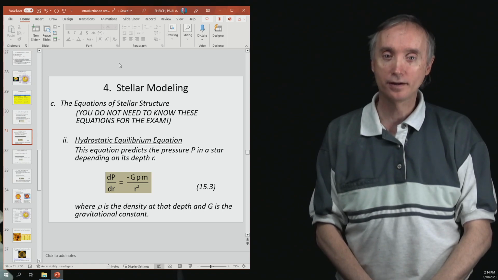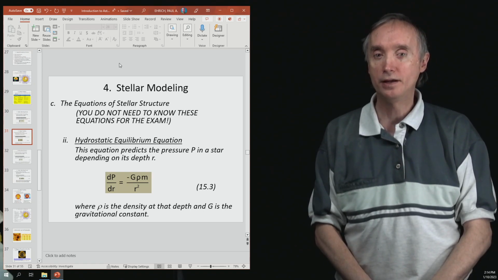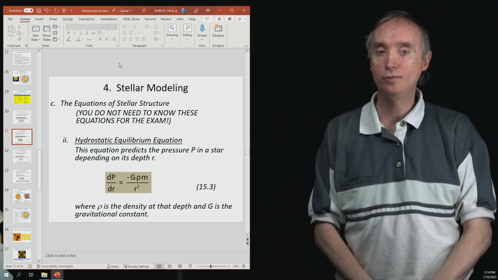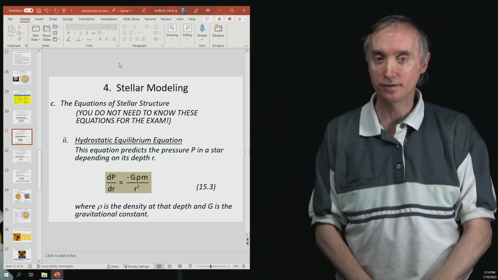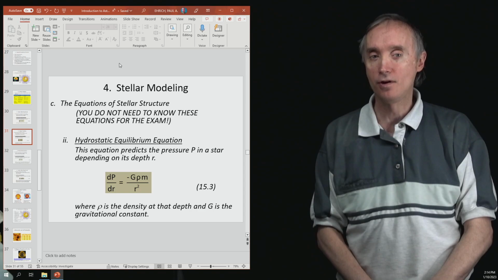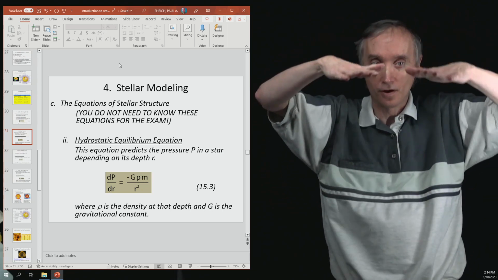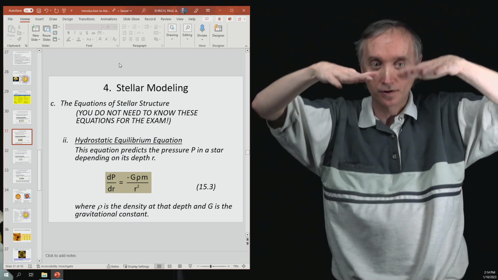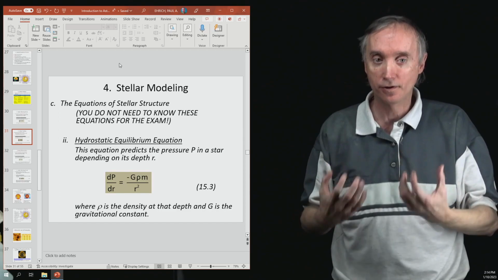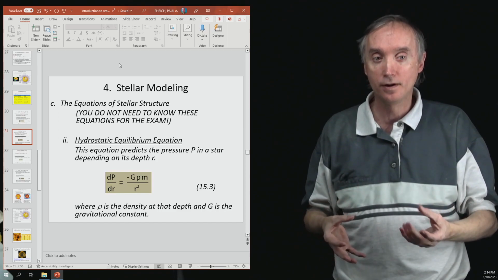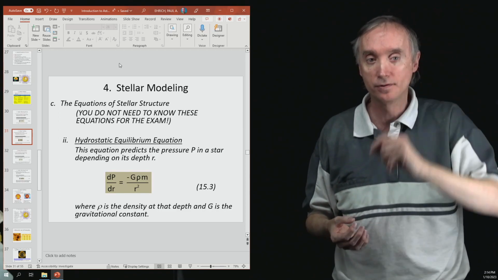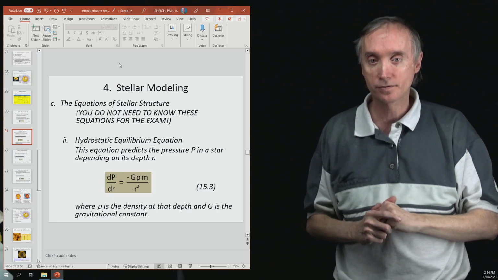And you should recognize big G. Big G was the gravitational constant. Because after all, what's causing the pressure inside the sun? It's the weight of all of that material. So the pressure that we're feeling here on Earth is the weight of about 500 miles of air on top of us.